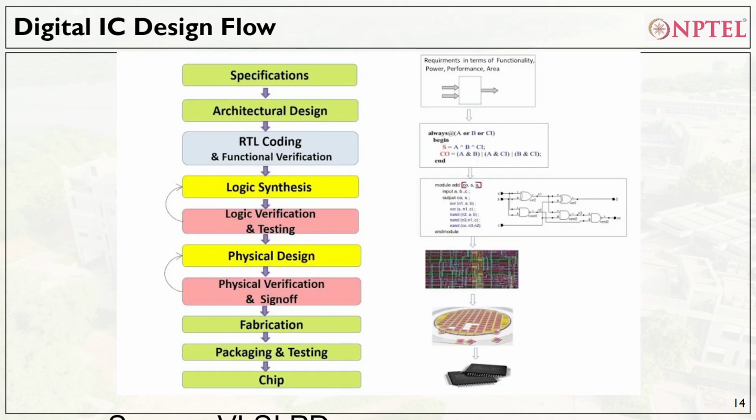This is how a digital IC design flow looks like. What we do, we start with specification, then architecture design, RTL coding, logic synthesis, logic verification and testing, then physical design, physical verification, fabrication, packaging and testing, and then you get the chip, right? What you do is you start with the basic Verilog, then you have a synthesis tool where you convert this Verilog into what we call standard cells, right?